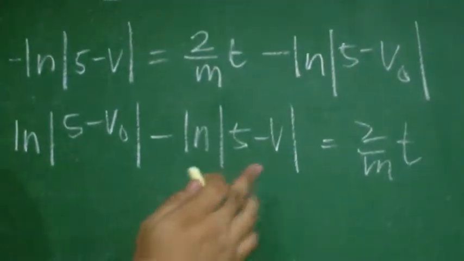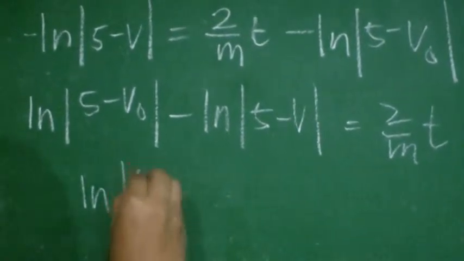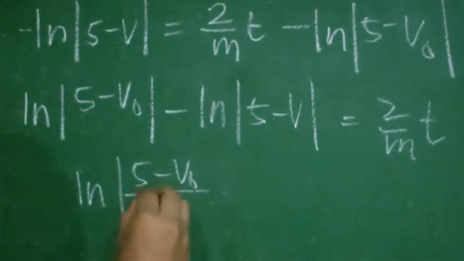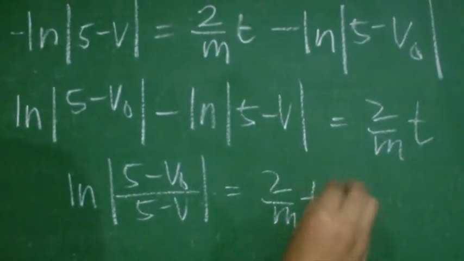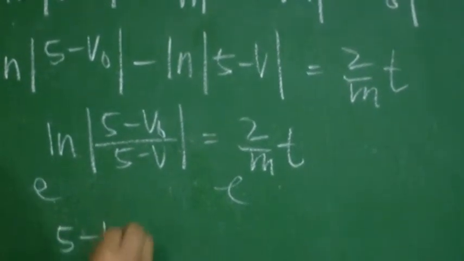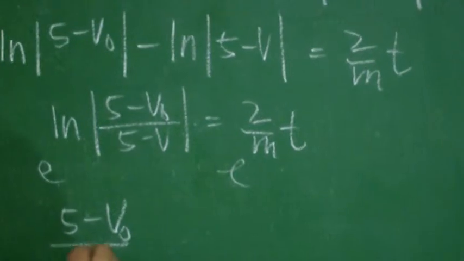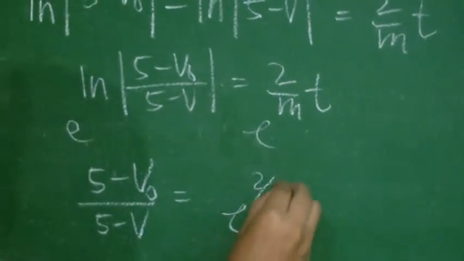So, simplifying this, we have ln of 5 minus V0 over 5 minus v is equals to 2 over m times t. And applying e to both sides, we get 5 minus V0 over 5 minus v is equals to e raised to 2 over m times t.